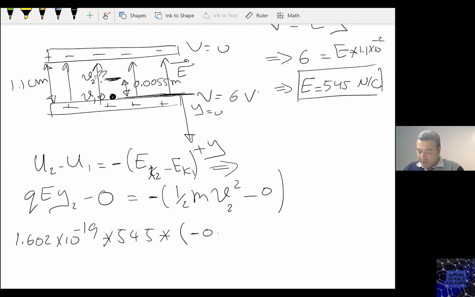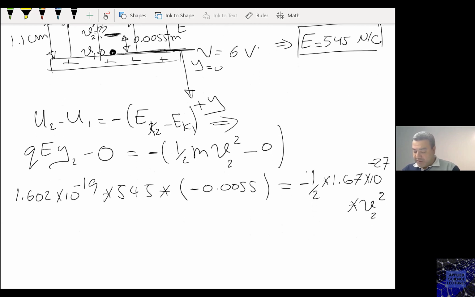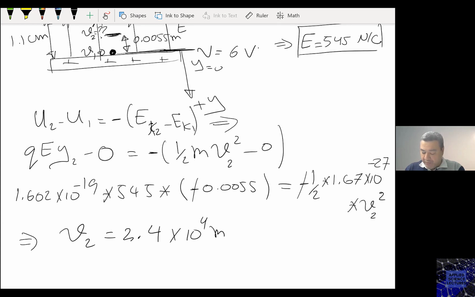This is minus 0.0055 equals minus half, proton is 1.67 times 10 to the power minus 27 times V2 squared. Minus will cancel with the minus, and in this case, V2 is 2.4 times 10 to the power 4 meter per second.